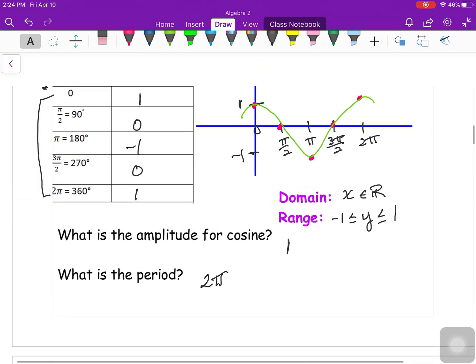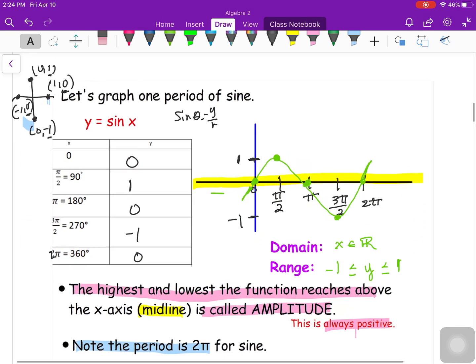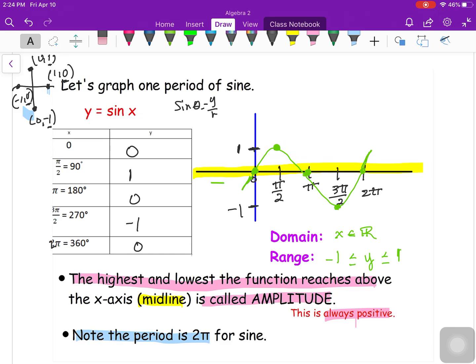I'm going to take a moment and just go back here again. Let's go back to sine. We see, where does sine begin? It begins at 0, 0 for one cycle. So when we have sine, you begin at 0, 0 and you end at 2 pi, 0.